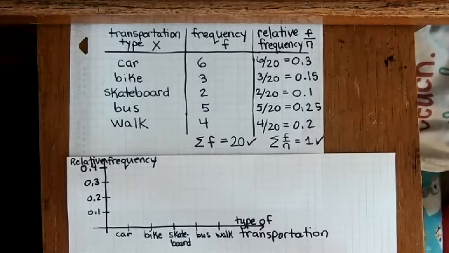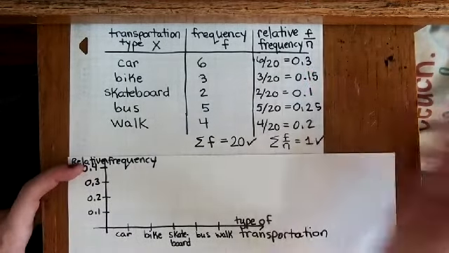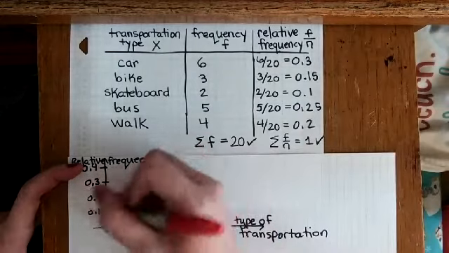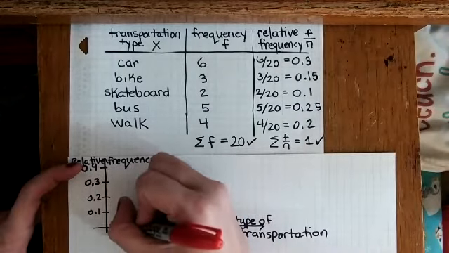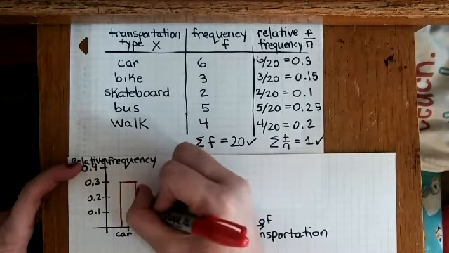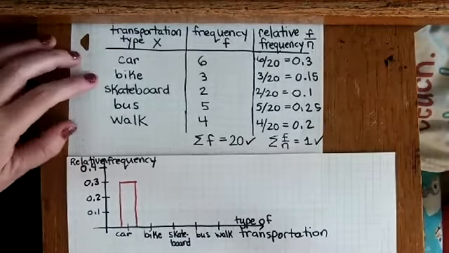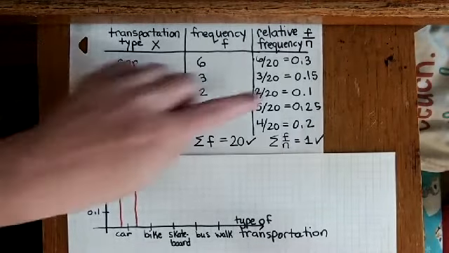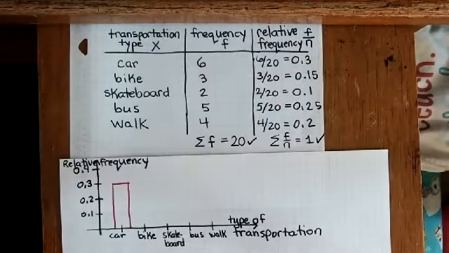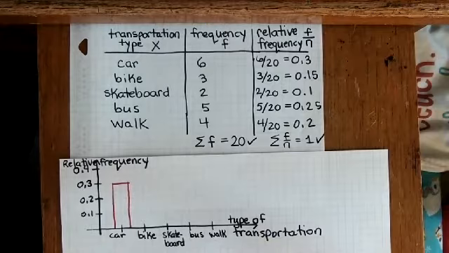So in terms of the car, it is a 0.3. So we'll go right around the tick mark for car up to the height of 0.3. And then when we draw the bike to the 0.15, our bars will not touch.